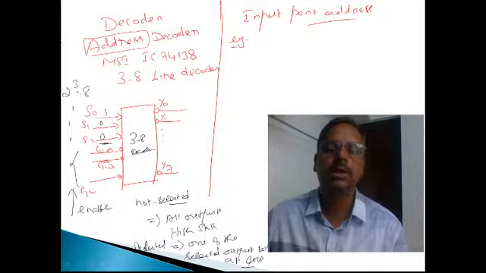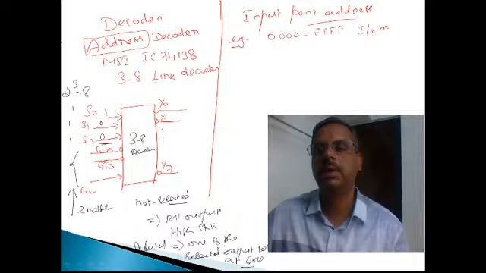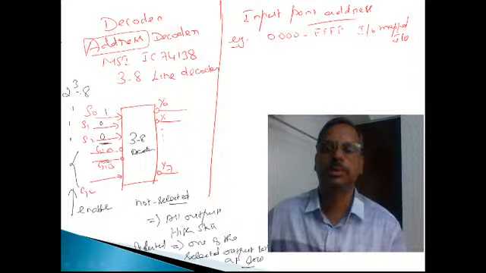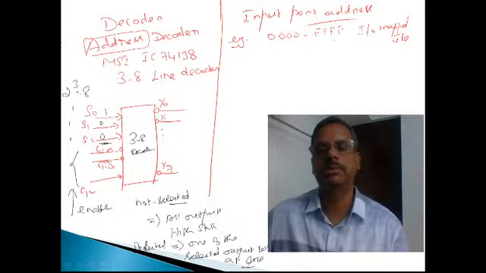Your address ranges from 0000 to FFFF. This is in the I/O mapped I/O.